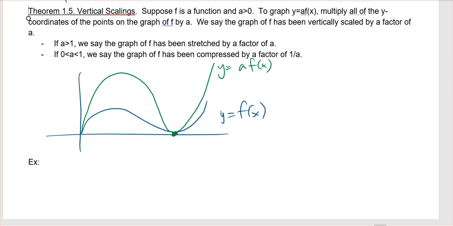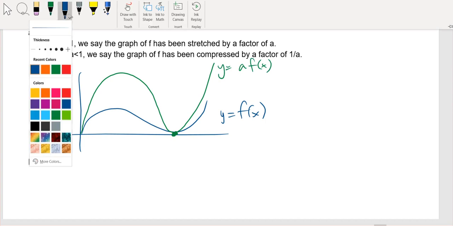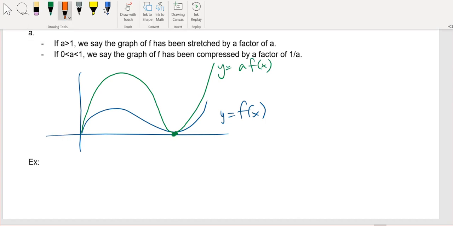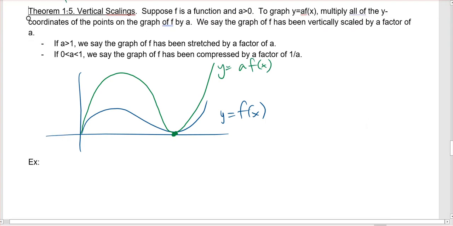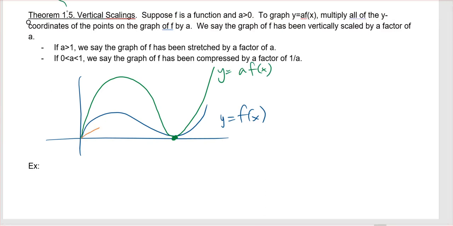And if my a value is bigger than 0 and less than 1, then it's going to be down here. Right, so that's y equal 1 over a times f of x. And let's say a bigger than 0, right? Let's maybe have it be bigger than 1.